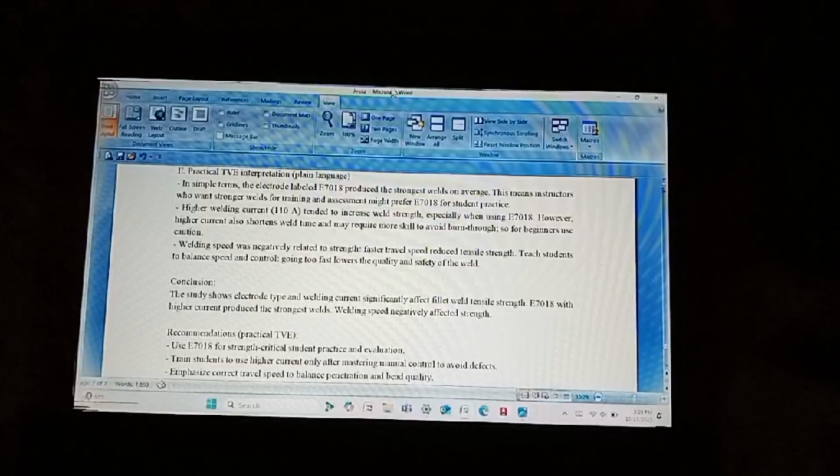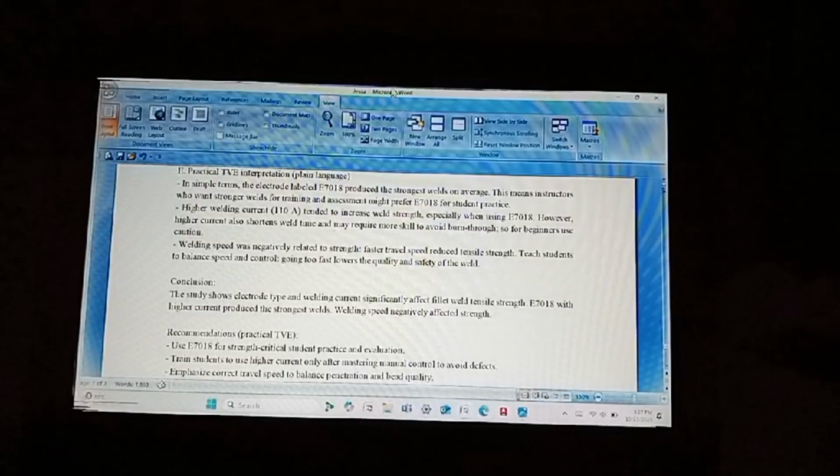Higher welding current, 110 amperes, tended to increase weld strength, especially when using E7018. However, higher current also shortens weld time and may require more skill to avoid burn-through. So for beginners, use caution.